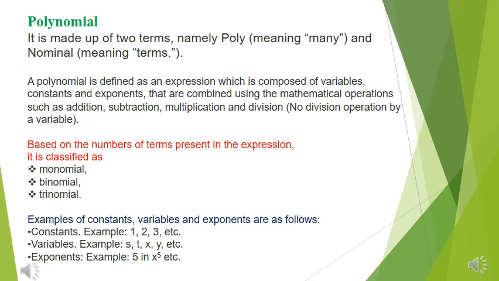The expression which consists of two terms with basic operational symbols like addition, subtraction is called a binomial, and the expression composed of three terms is called a trinomial. So these are the examples of monomial, binomial and trinomial.